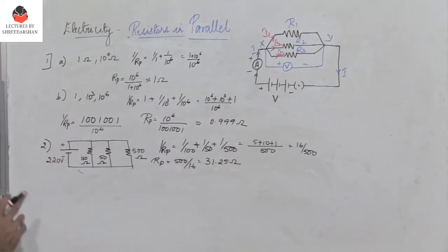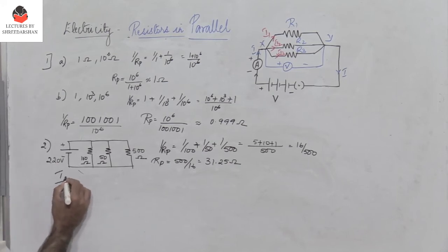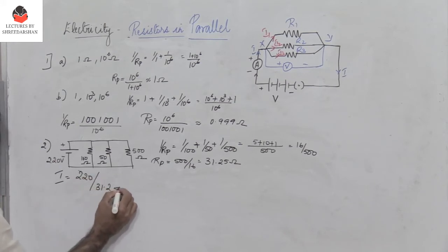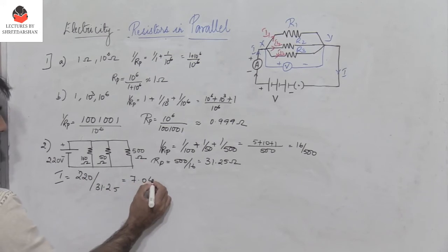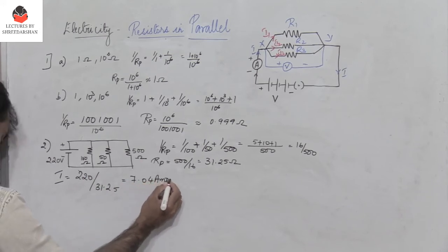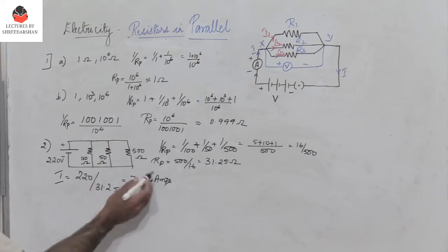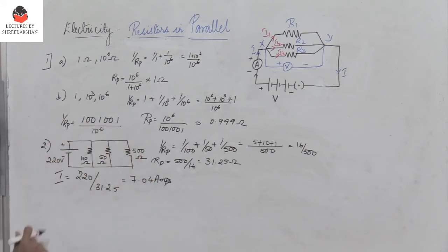So now let us find the current. The current is 220 divided by 31.25, which is 7.04 amperes. So this is the total current drawn when all these three devices are connected.